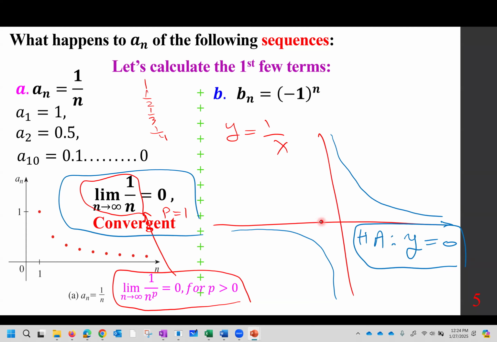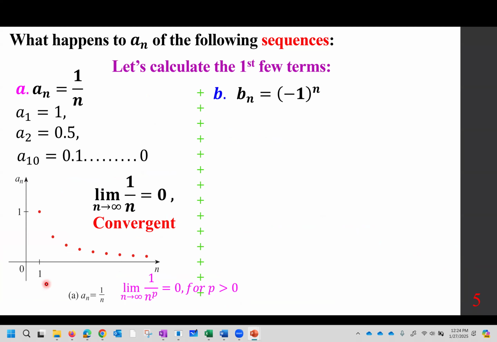Let's look at part B. So I'm going to erase this part. Now, if I choose n to be 1, I get -1. And if I choose it to be 2, it becomes +1. Meaning, if I choose n to be odd, I get a negative number. Even, I get a positive number. And this continues. So the value is always between the two.